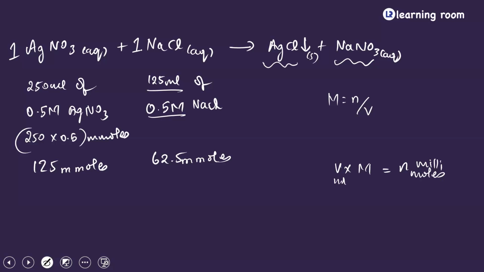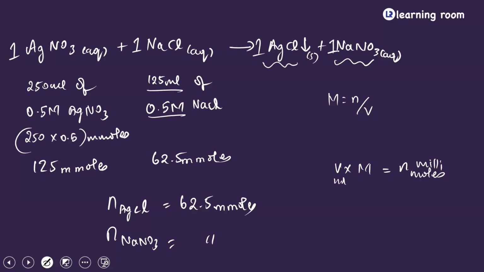So the number of moles of AgCl and NaNO3 formed will be 62.5 millimoles, because if this is 1, the other is also 1. Limiting reagent decides further. Is that clear?